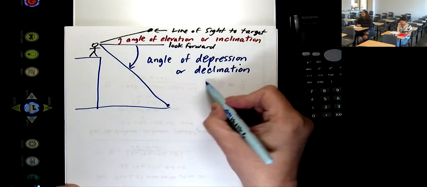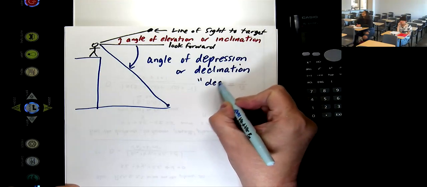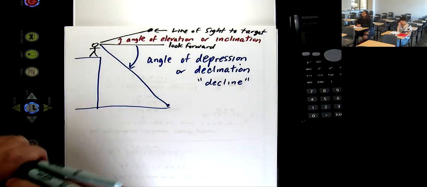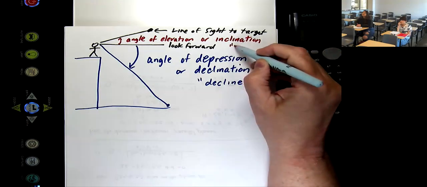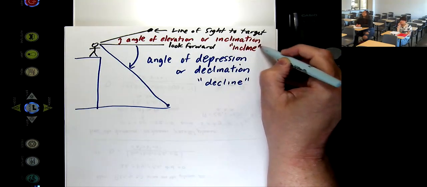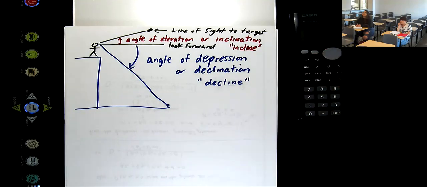Declination is like decline or goes down. Inclination is like incline. Decline is decrease, so it's like, how much is it decreasing? Stuff like that. Damn, I really wanted to do that problem and we just didn't get to it. That would have been fun.